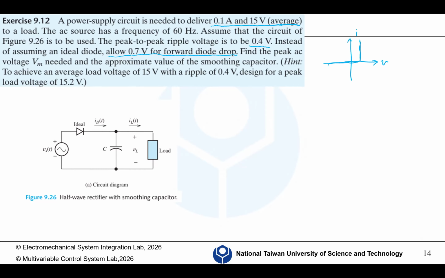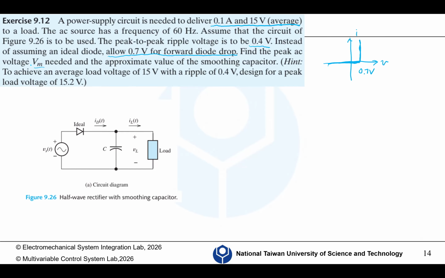So the threshold voltage or knee voltage is 0.7 volts. Okay, and find a peak AC voltage Vm needed and the approximate value of the smoothing capacitor.